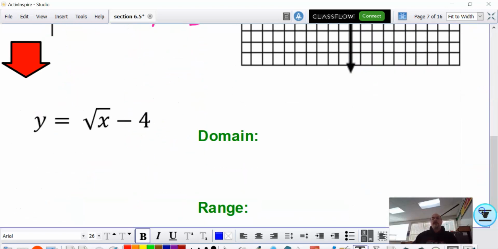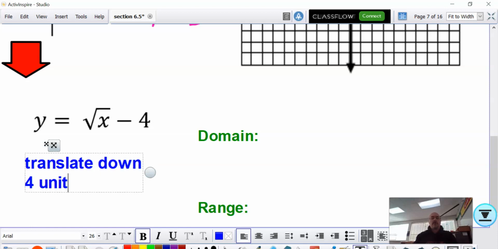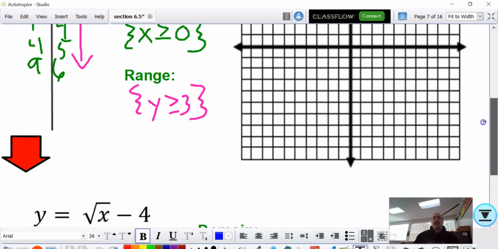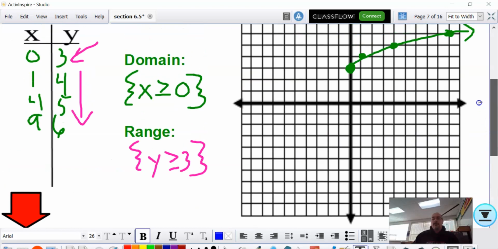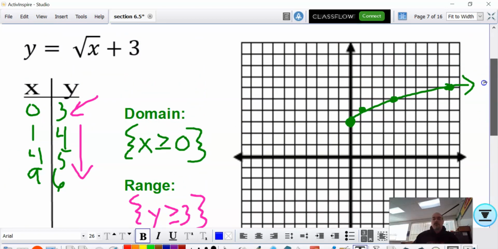And then obviously this one, ladies and gentlemen, I'm not going to graph this one, but you notice there's a minus 4 there. So this one's going to translate down 4 units. The domain, here's the last one. The domain went 0, 1, 4, 9.